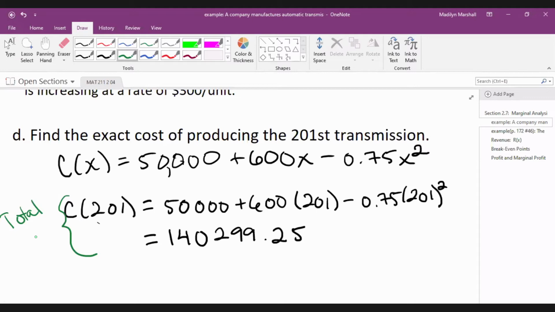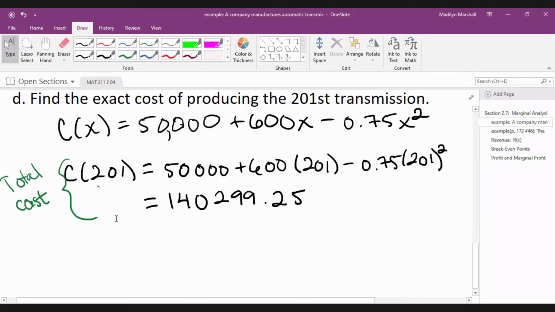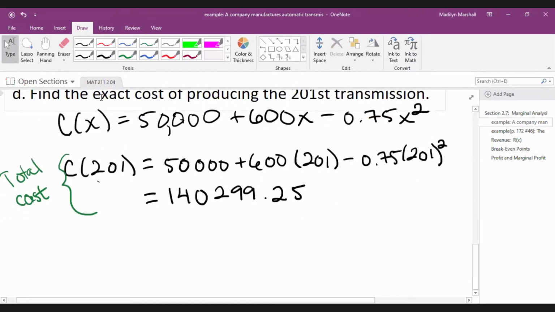The first one might cost different than the 21st one. You have to subtract the cost of 200 from that. Exactly, yes. So if we know the cost of 200 transmissions, then we can subtract that from the cost of 201 transmissions, and that'll give us the exact cost of that last one.